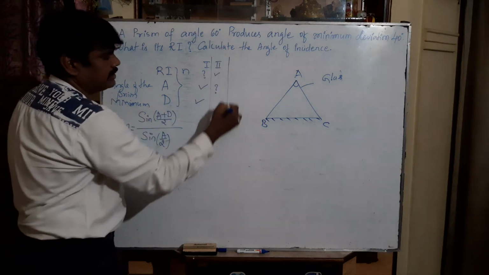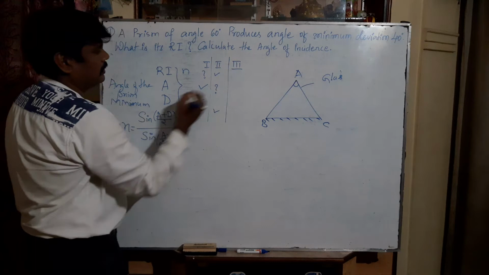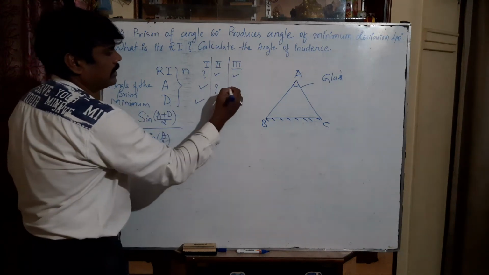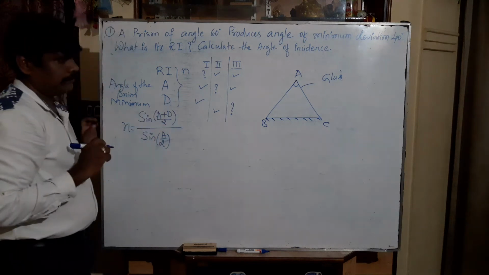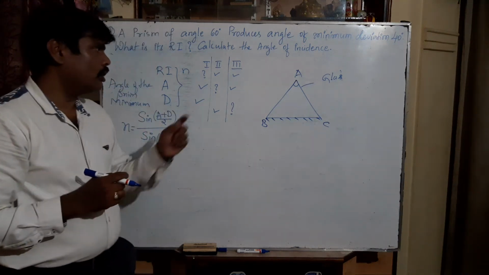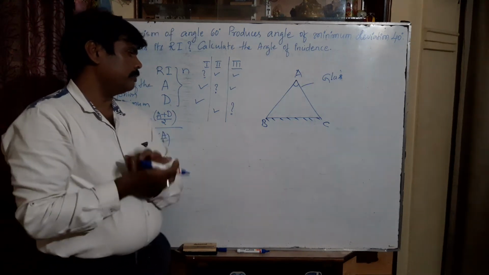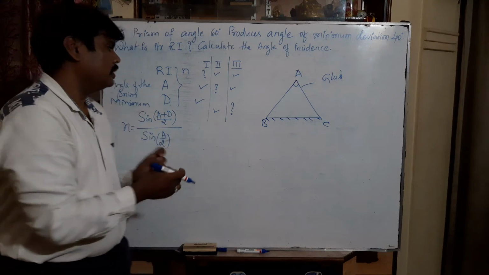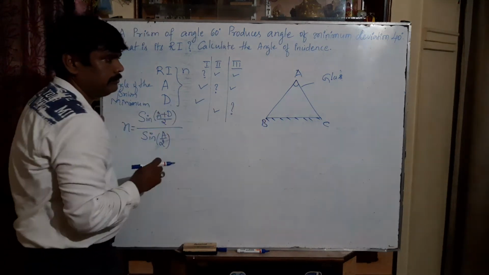The third possible case is that the refractive index and the angle of the prism are given, and you should calculate the angle of minimum deviation. In this session I am going to explain how to solve these three methods of numericals related to the prism.